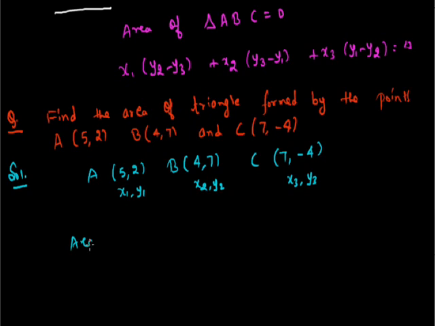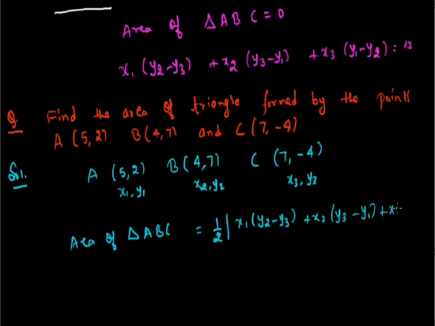Now area of triangle ABC is equal to half modulus x1(y2 minus y3) plus x2(y3 minus y1) plus x3(y1 minus y2).